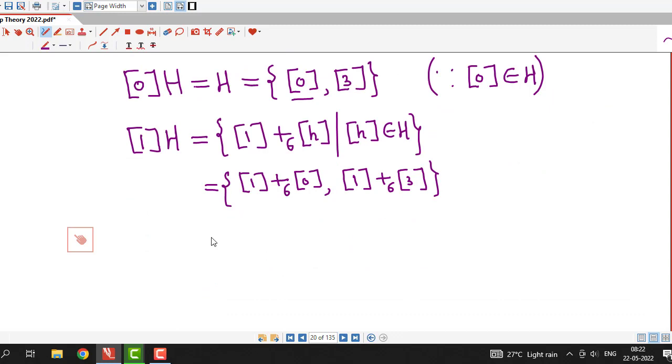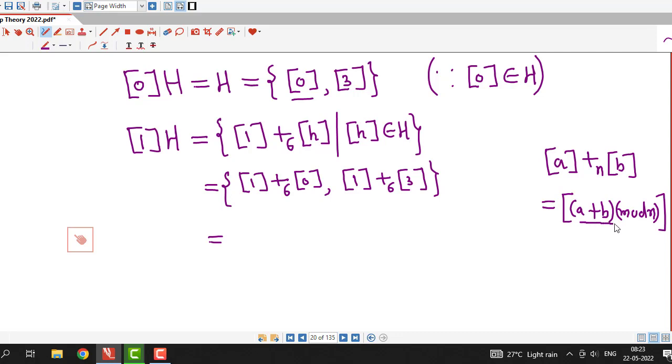Now we use the definition of addition modulo 6. Suppose we have addition modulo n, then this is equal to the equivalence class generated by a plus b modulo n, where a plus b modulo n is the remainder when a plus b is divided by n.